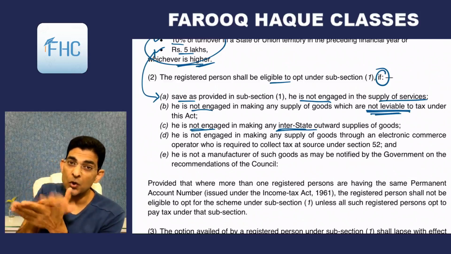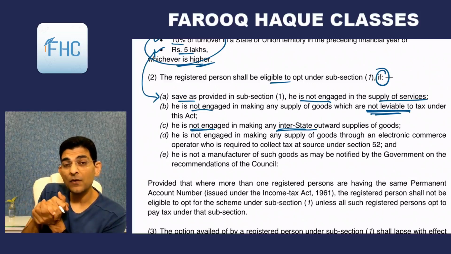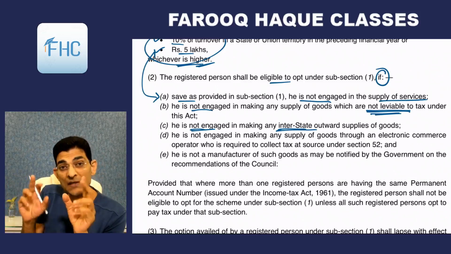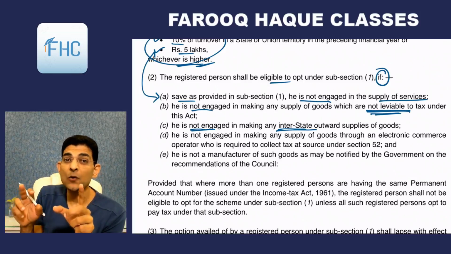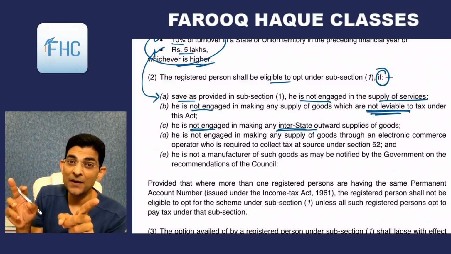So your turnover has to be intrastate only. Now one point is that can you have offices in multiple states? Yes, that's fine. You can have your shops in multiple states, but from each shop you can sell only intrastate. There should not be any interstate supply.